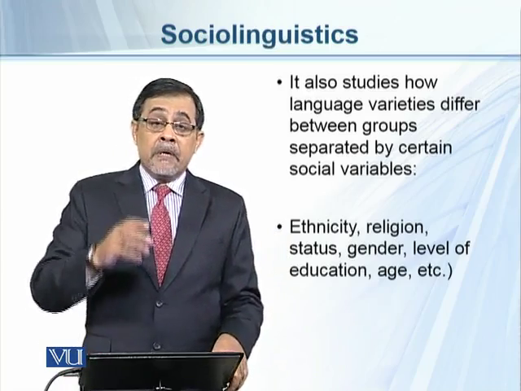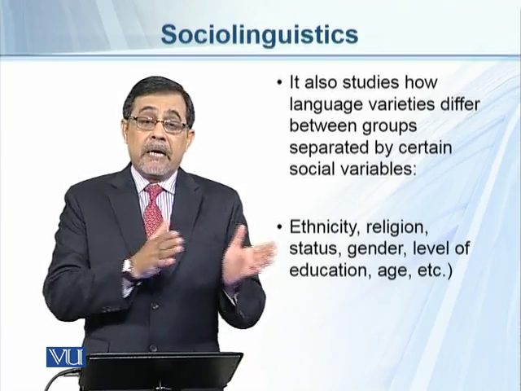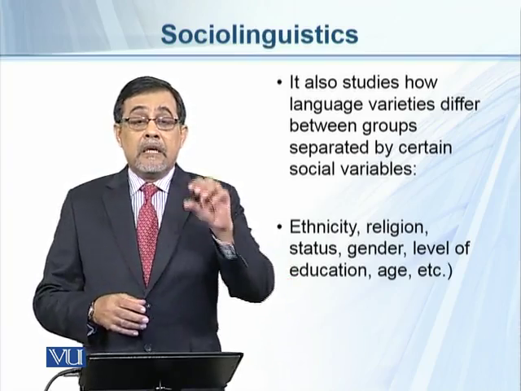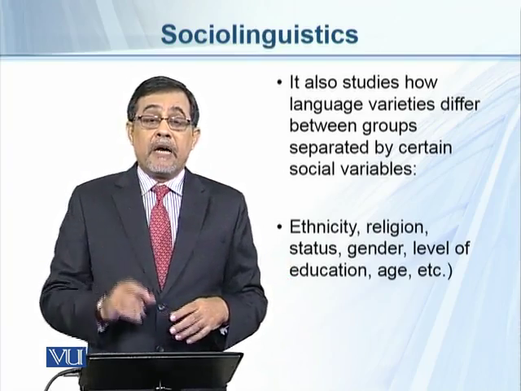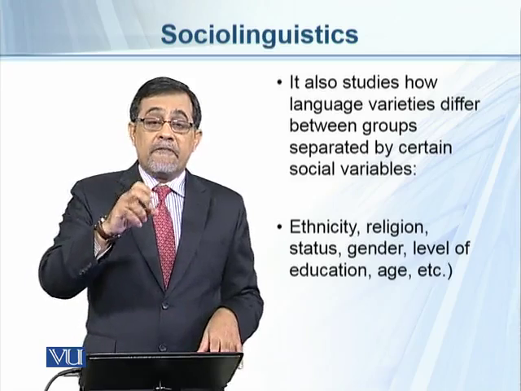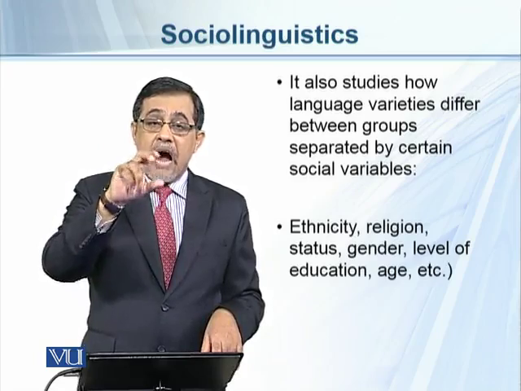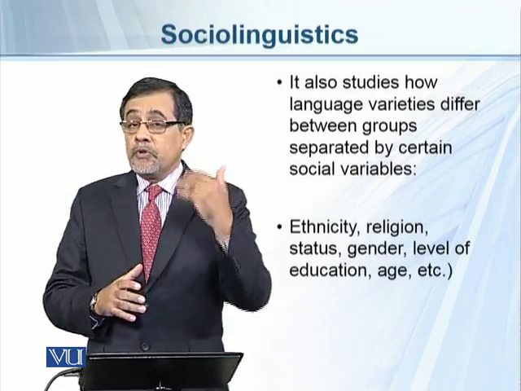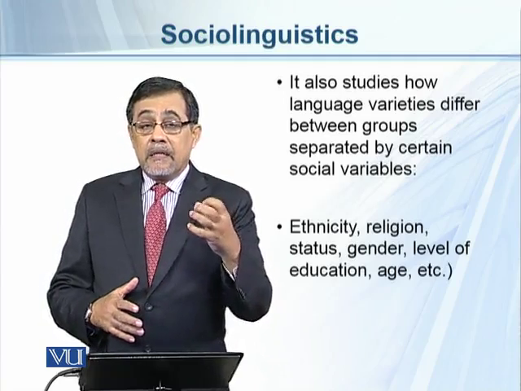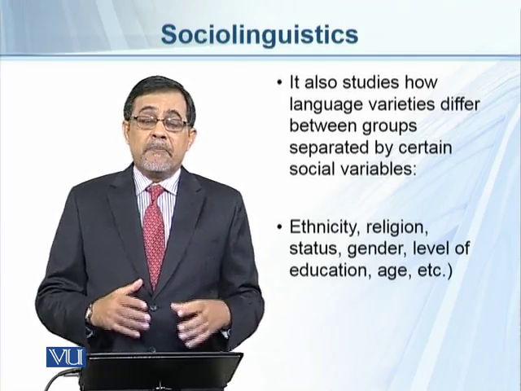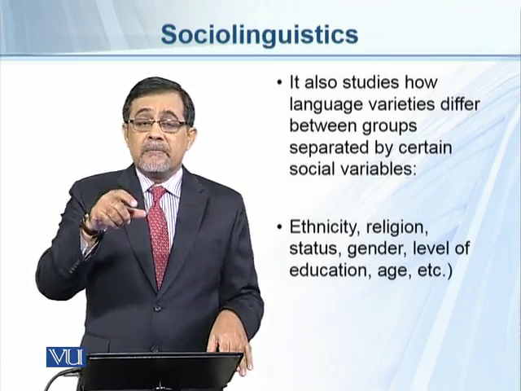So gender, there are differences in using language by male and female. Even the age group is also very important. The people of the past, for example, let's take the word flower, hour. The internal vowel sound is "hour". This was the sound used by old people in England, and the middle age people omit the internal "oo" sound in flower.